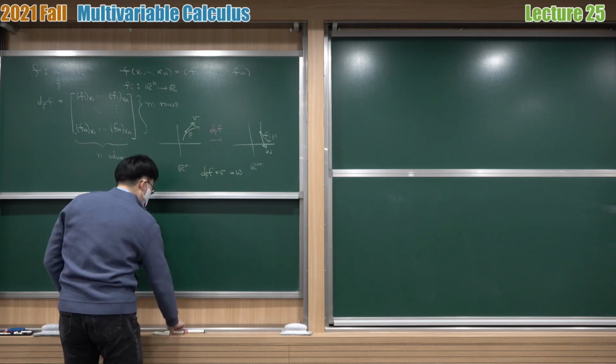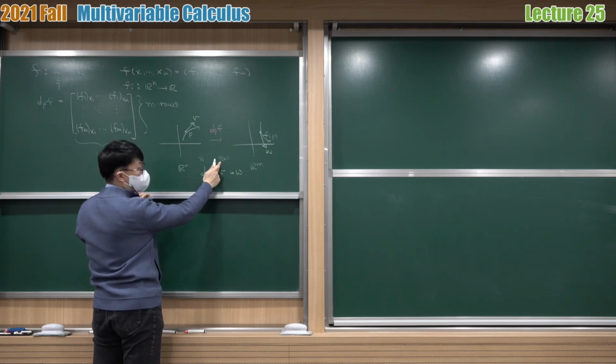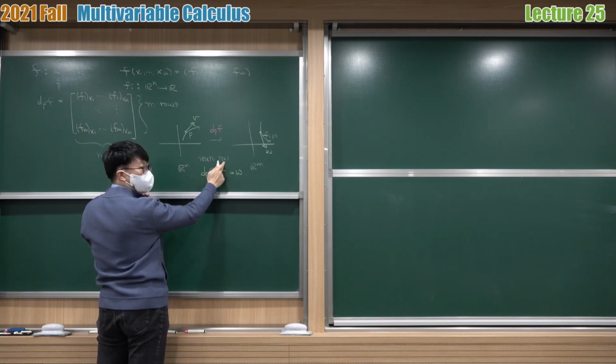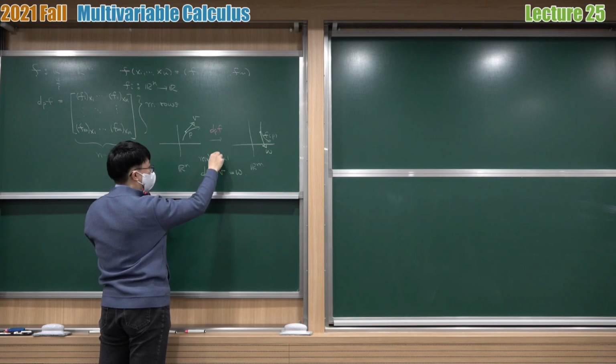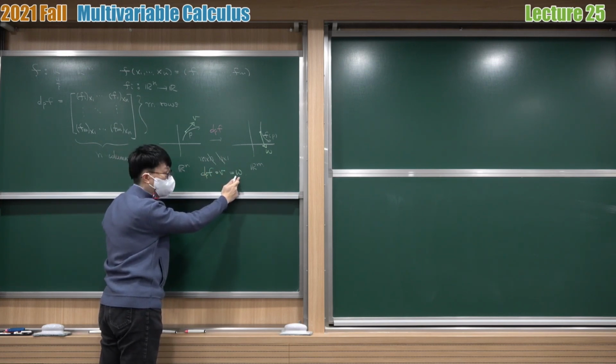So I can make it a column matrix, an n by 1 matrix, and because DPF is an m by n matrix, I can multiply these two matrices so that I get an m by 1 matrix, which corresponds to the m-dimensional vector w.